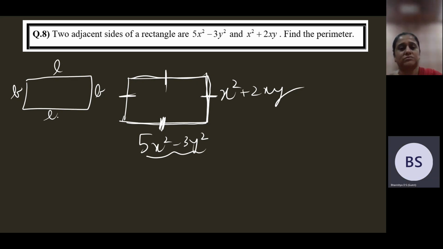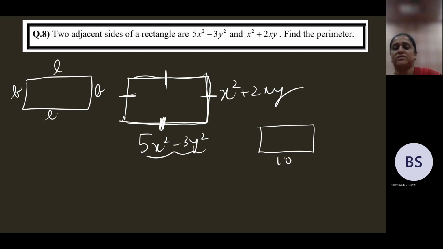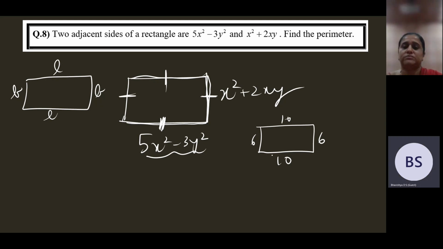L into B. Oh, no. Okay, one minute. Now this is 10 and this is 6. How will you find the perimeter? Mom, by adding. Yeah, tell me, what will you add? Mom, 10 plus 6 plus 10 plus 6, mom. 10 plus 6 plus 10 plus 6.